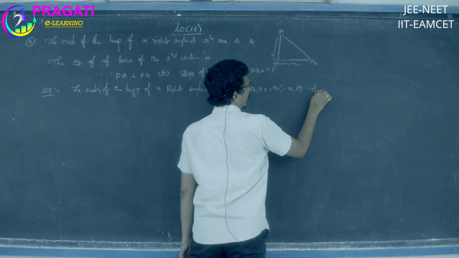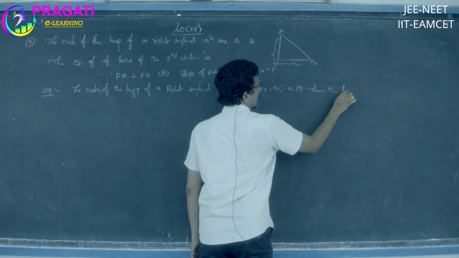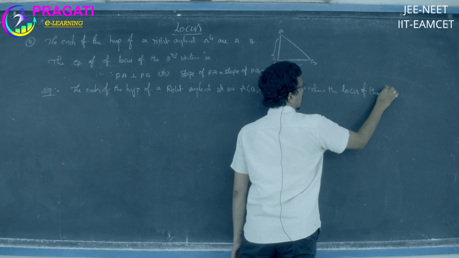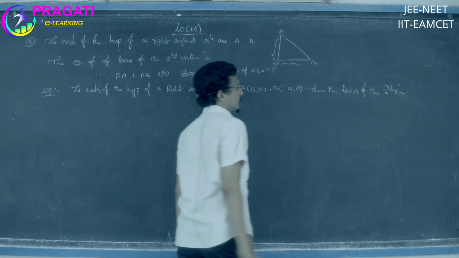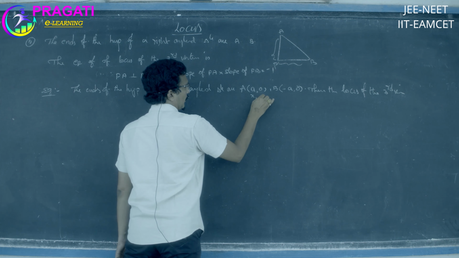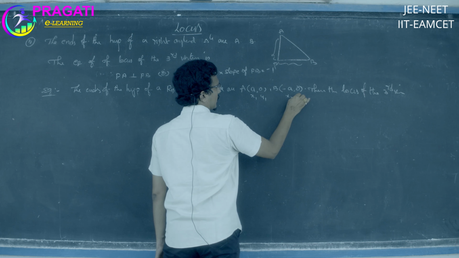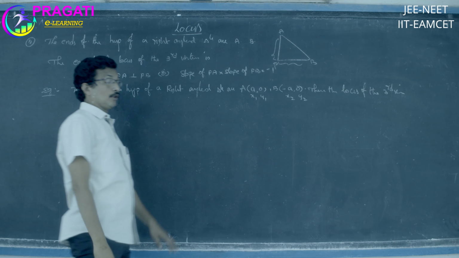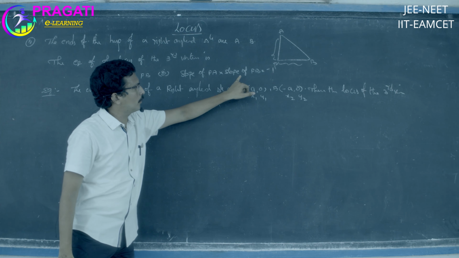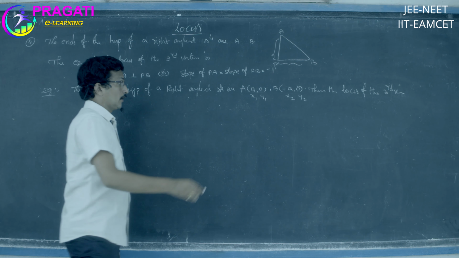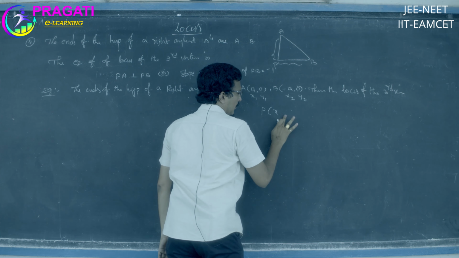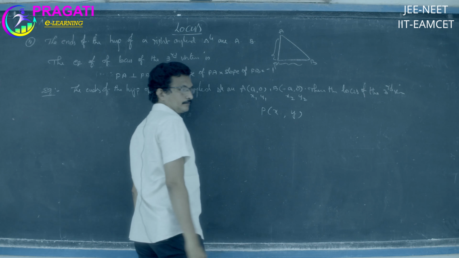Then the locus of the third vertex, here the first point is x1 y1 and the second point is x2 y2. Here we use this synopsis: slope of PA into slope of PB is equal to minus 1. Here what is P? P is x comma y.